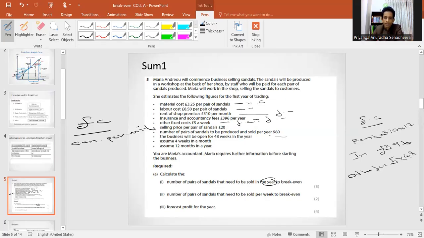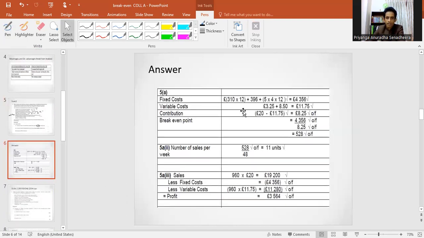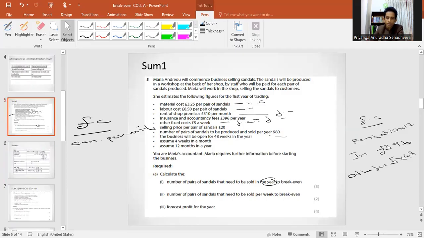When you add it, we'll see what answer you get for the fixed cost from the marking scheme. Fixed cost is, you can see the same thing they had done, 4,356. So we will take the same figure, 4,356. This is your fixed cost line.